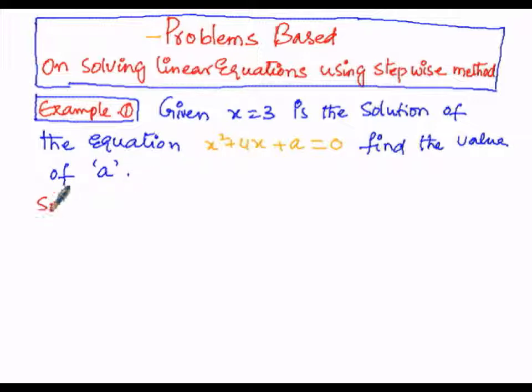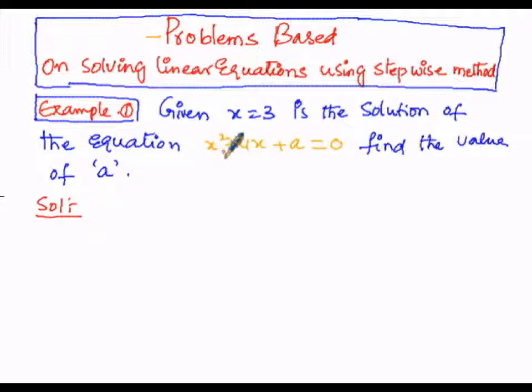So now the solution starts in this manner. Here x square plus 4x plus a equals to 0 is the given equation. One of the roots or one of the solutions of this equation is x is equal to 3, in which a is unknown. So here x is of degree 2, it consists of 2 roots, but here one of the solutions is given as x is 3.